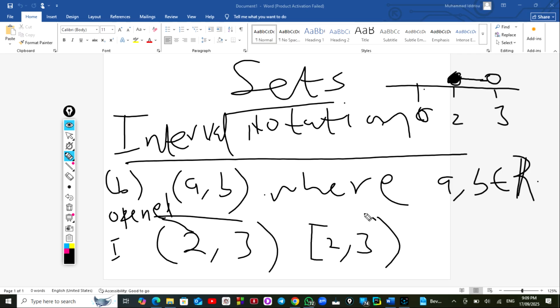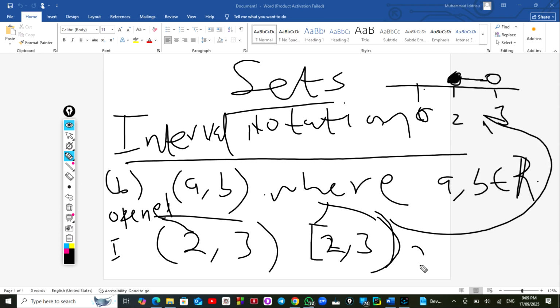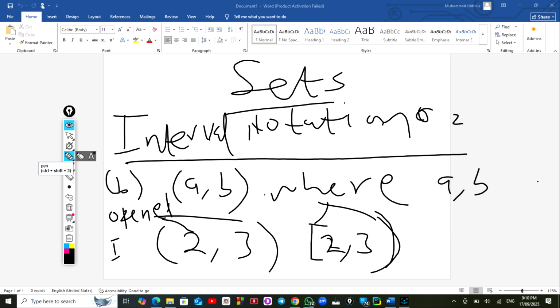And this one is one-sided open. That means the 2 is inclusive, but the 3 is exclusive. It's not part of the numbers really. So it's exactly what we've represented when dealing with inequalities. In inequality form, this is 2 less than or equal to x less than 3, while this one is 2 less than x less than 3, without the equal to sign.